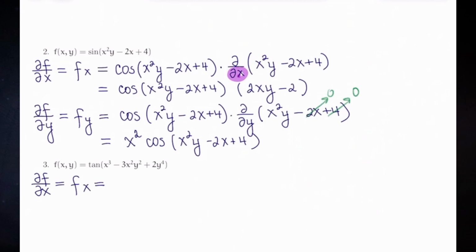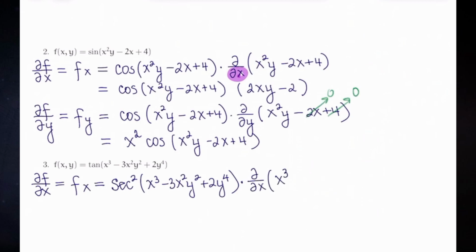The derivative of tangent is secant squared. I'm going to rewrite my argument, just copy that whole expression inside the parentheses, times the derivative of the argument with respect to x. So that's our partial with respect to x.